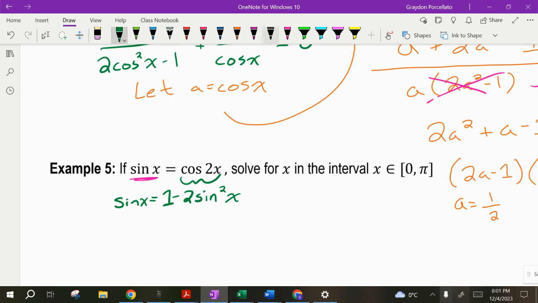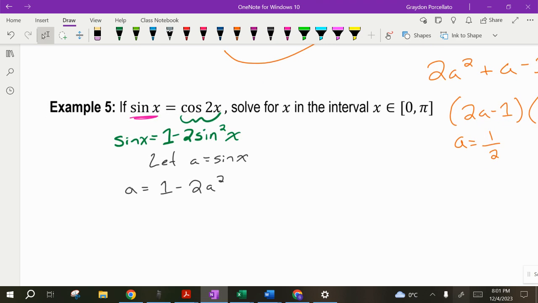Now at this point, I'm going to say let a equal sine of x. So this is going to become a equals 1 minus 2a squared.